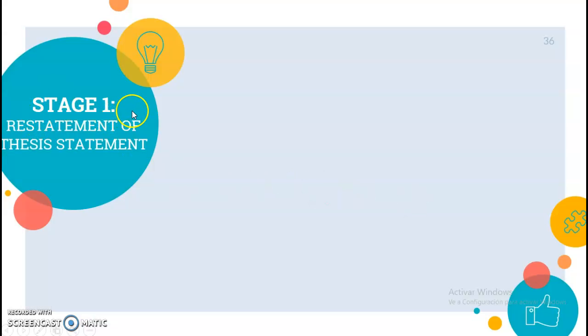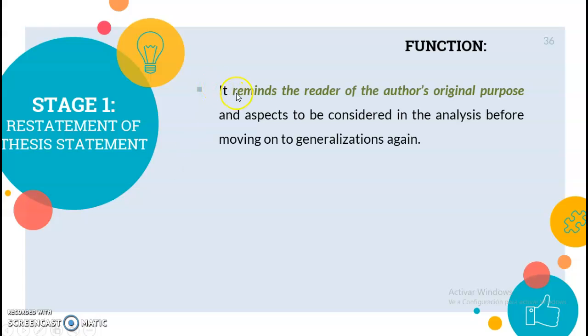So as regards the first stage or step, we have the restatement of the thesis statement, and its function is to remind the reader of the author's original purpose and aspects to be considered in the analysis before moving on to generalizations again.